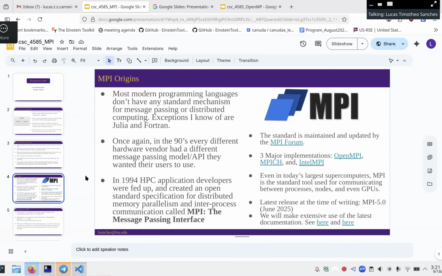So MPI is still the king of specifications when it comes to distributed memory parallelism. And the story of MPI is closely related to the story of OpenMP. It began in the 90s because there was vendor hell.